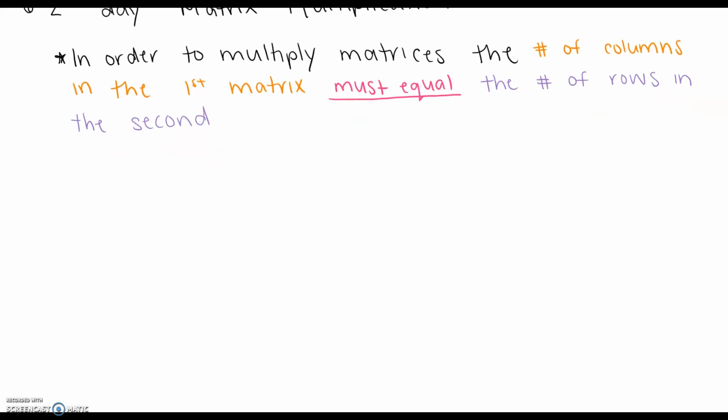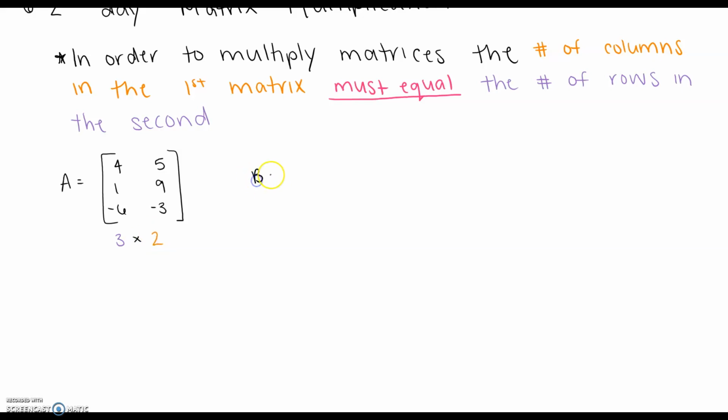Alright, so let's start off with 3 matrices. Matrix A is going to be 4, 5, 1, 9, negative 6, negative 3. So remember, we have 3 rows by 2 columns.